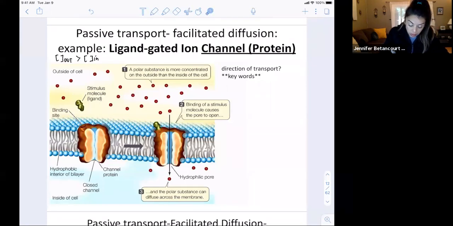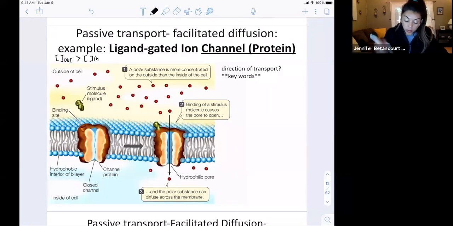And so what happens here is that this cannot let any ions or whatever this little polar substance in until the gate is open, until the pore is open. And here is the little bodyguard, the ligand that binds to the binding site of that channel protein. Once that ligand binds this binding site, it induces a conformational change, thus opening the pore and allowing the polar molecules to enter the cell.